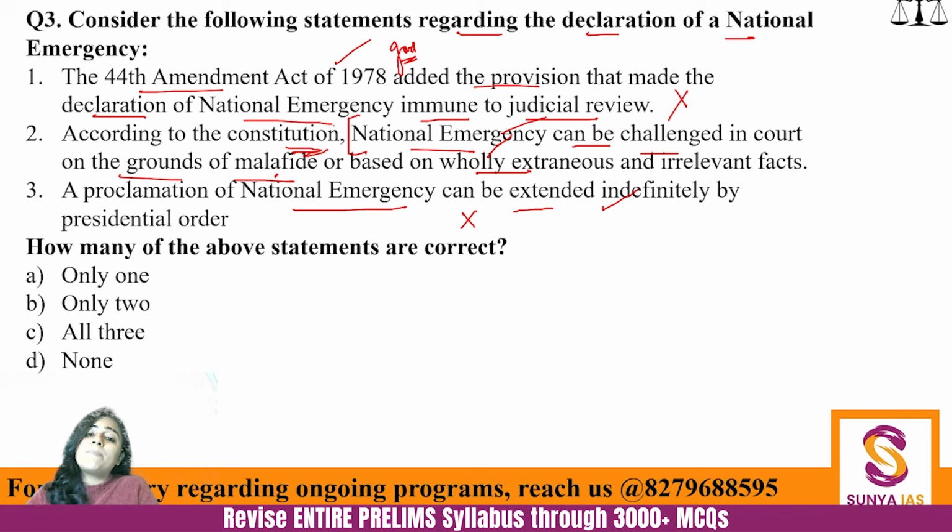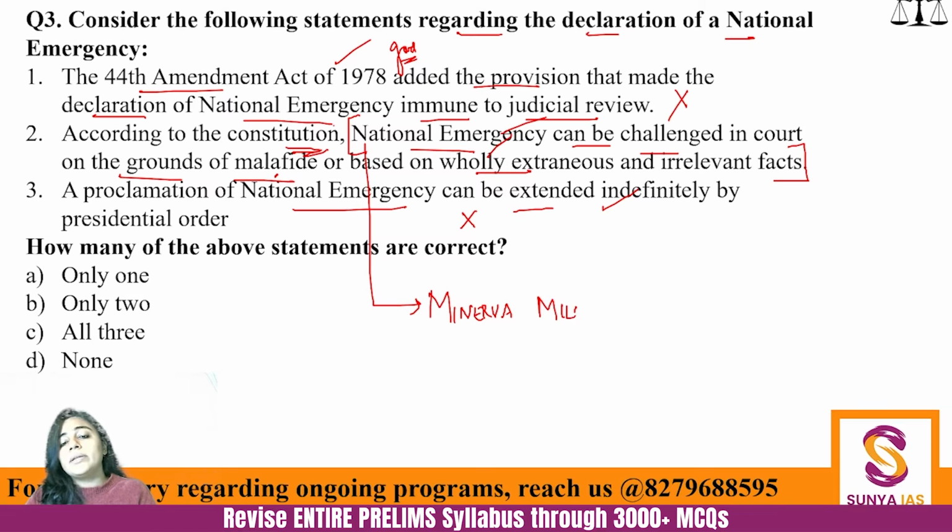Otherwise, this part is correct, that national emergency can be challenged in courts on the ground of malafide, etc. But this was not given in the constitution. This is actually given by the Supreme Court in the Minerva Mills case. Please write this down. In the Minerva Mills case, so if you remember, the 44th constitutional amendment said that it is under judicial review, and then the Minerva Mills case of 1980 says that these are the grounds on which it can be challenged.